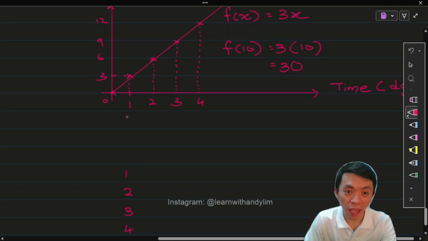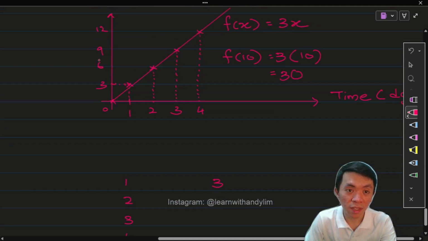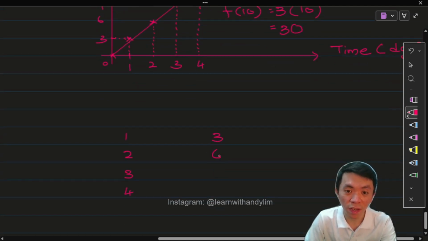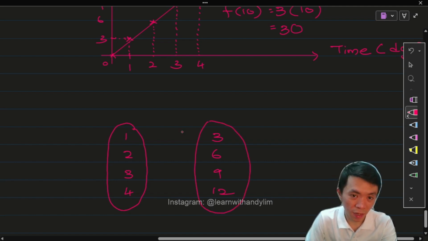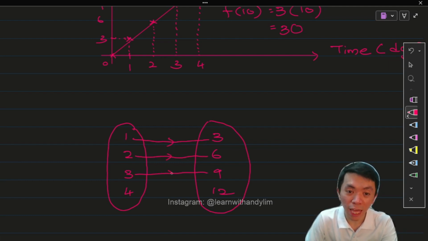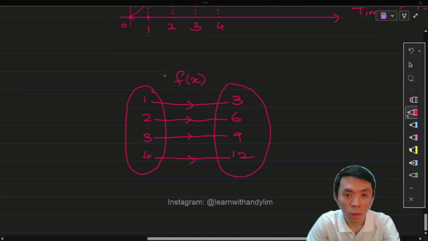Then on the output side I have 3, 6, 9, 12. They often represent it with two circles, two ovals. They have this little arrow here to show my input and my output. They will put an f of x notation right here.